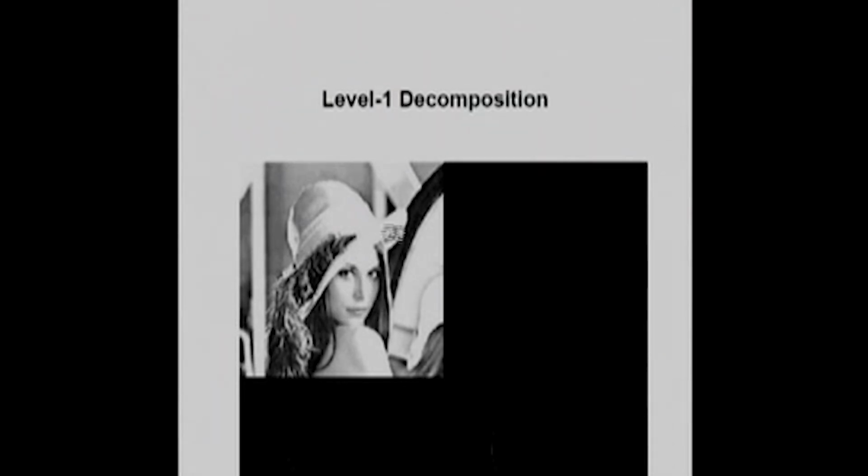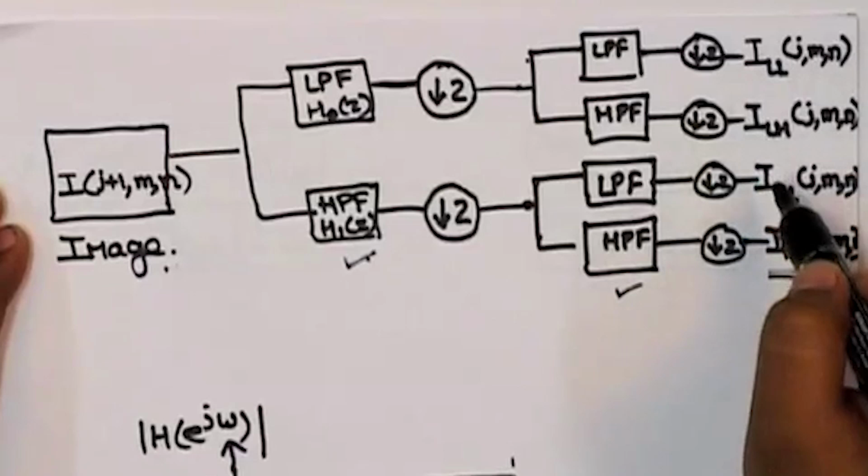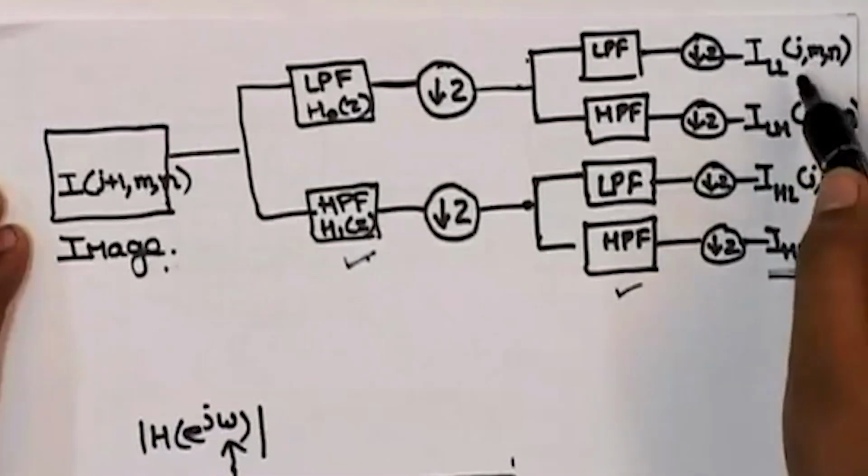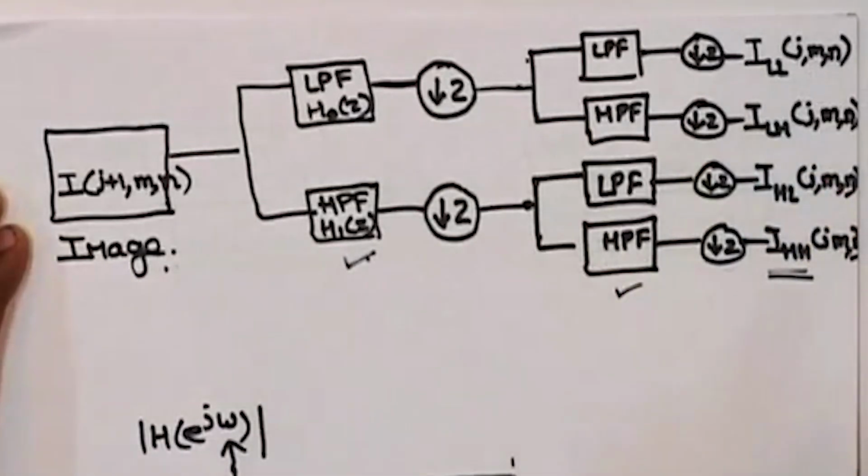As can be seen clearly from this output, the maximum energy, or the maximum information that we have captured after the first level of decomposition, is contained in the low subband. It is important to observe here that the output subimages are at one resolution less than the image that we started with. That is, we have lost resolution by a factor of 2 along the rows of the image and also along the columns.